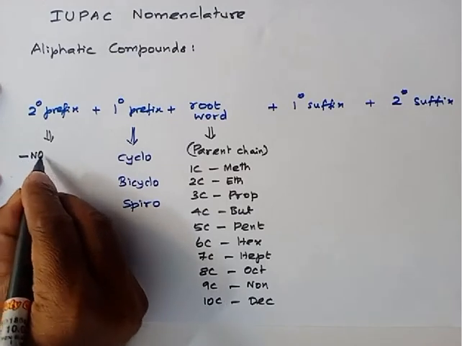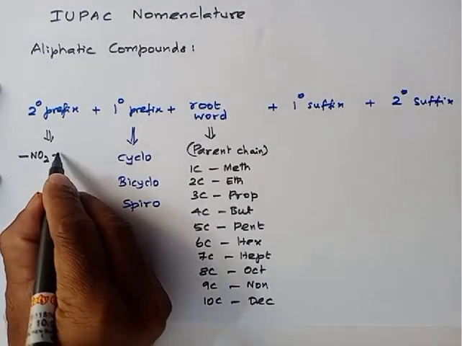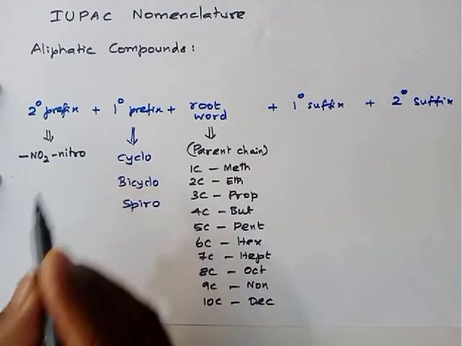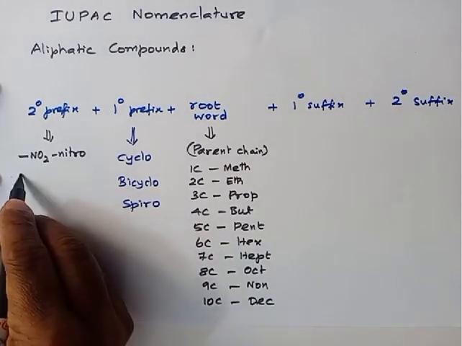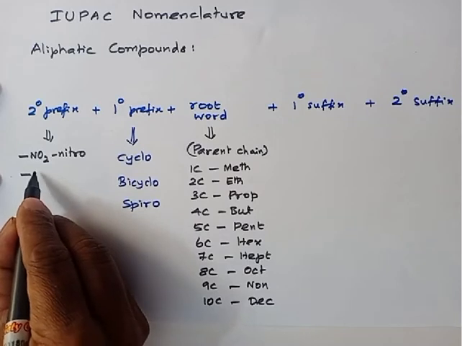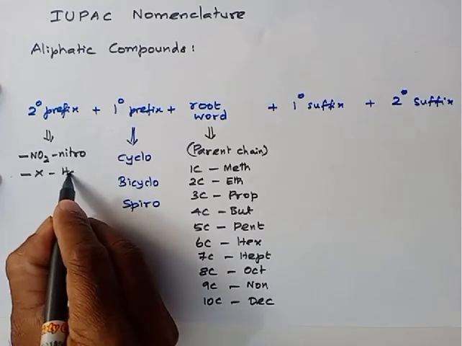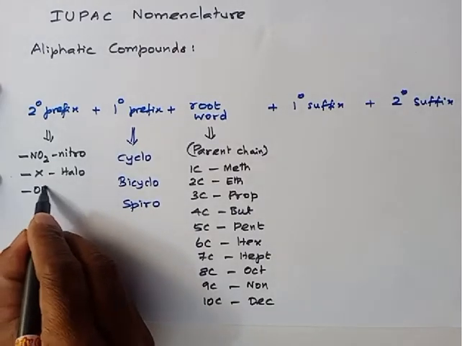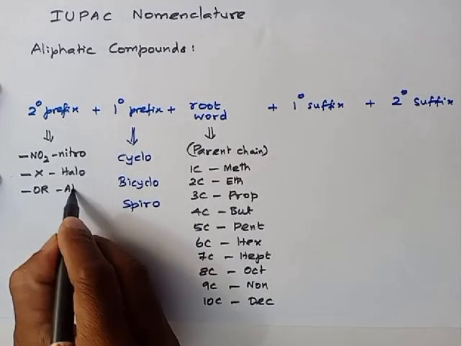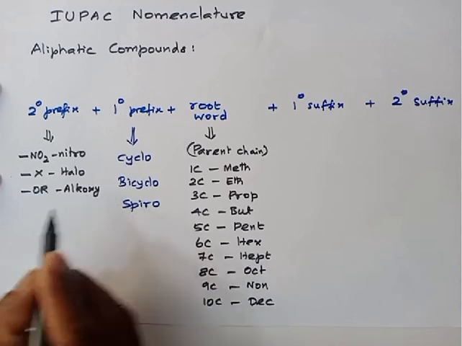Nitro, the NO2 group, we call it nitro. Then halo groups. Then the alkoxy group, OR, depending upon the alkyl group.